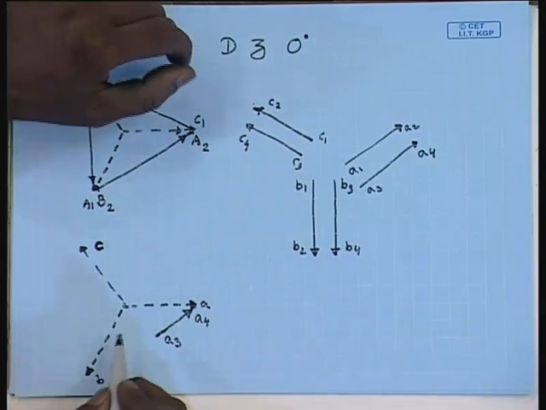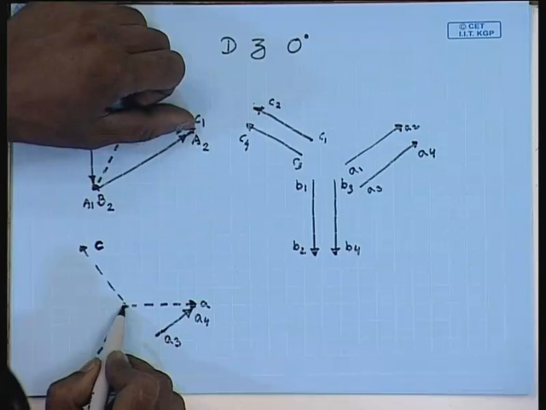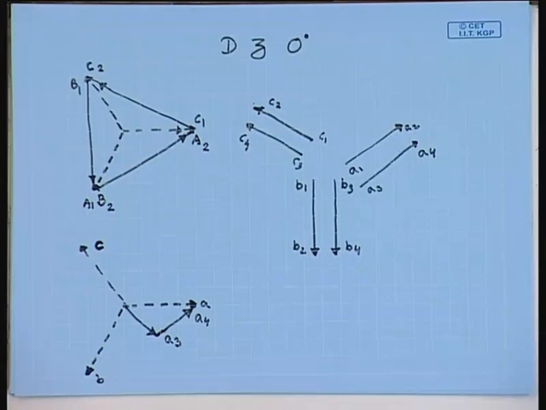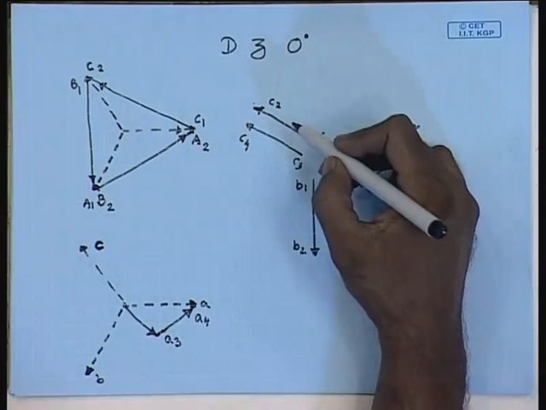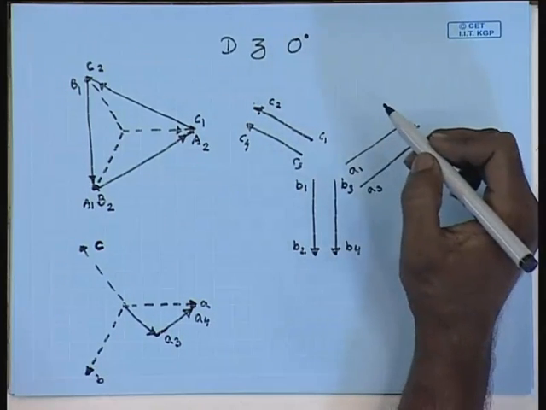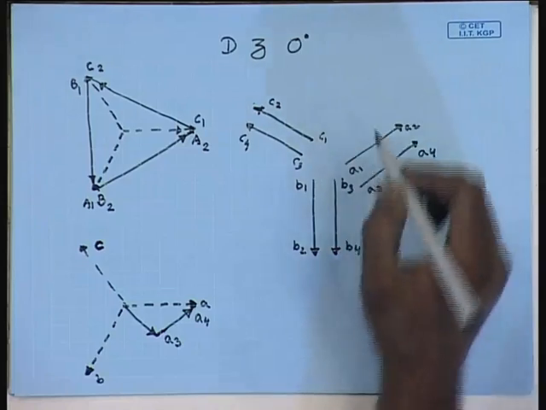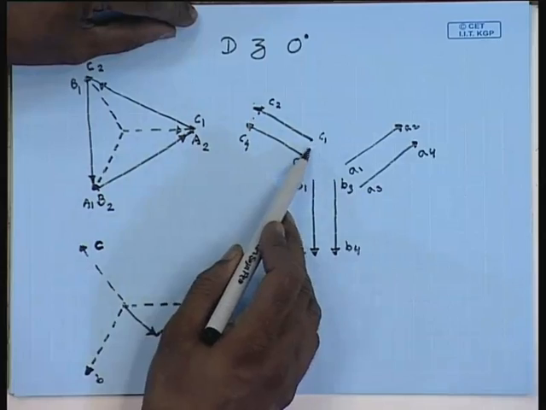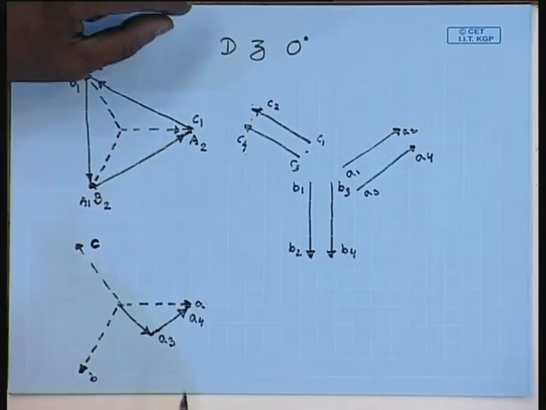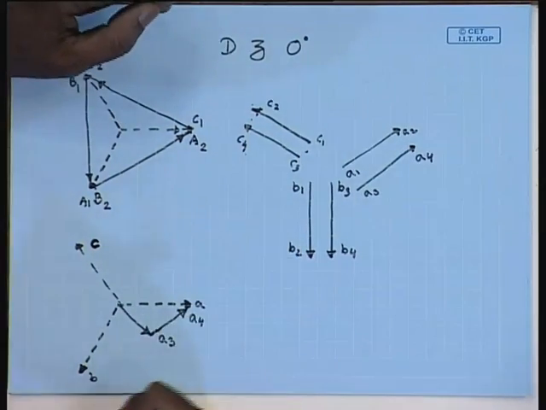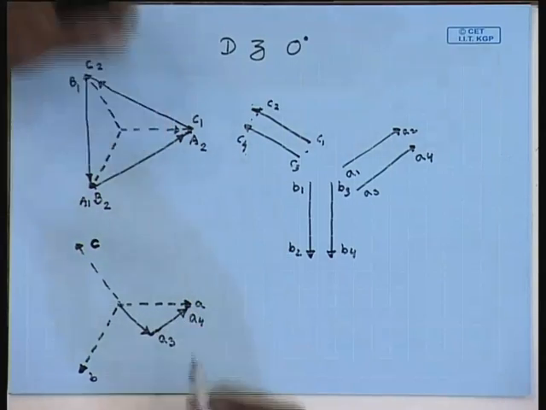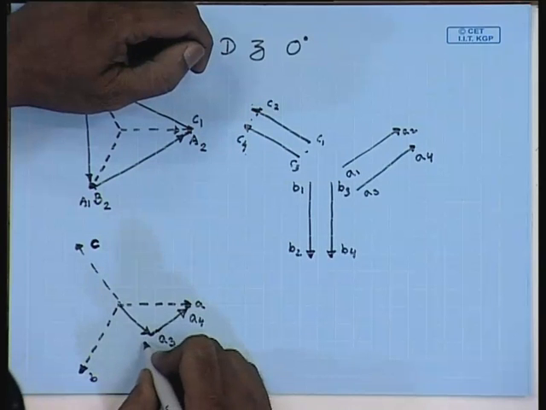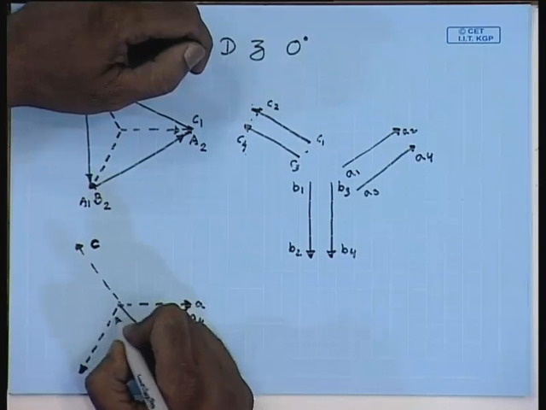Then the other phase voltage must be this. Now, this phase voltage by comparing with this can be either C2 C1 or C3 C4. Generally, it is the first part that is taken. So, this will be C1 C2.